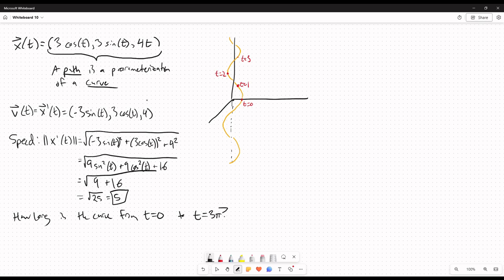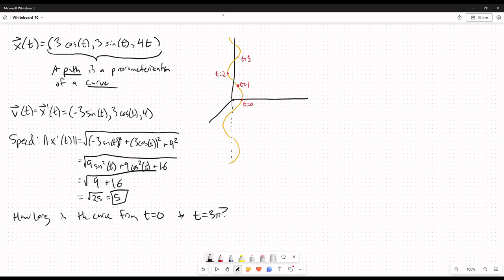As I said, there are a few different ways you could think about that. You could think of it as taking the point where t equals 0, and the point where t equals 3 pi, way up there, grabbing those two endpoints and then pulling the curve taut. How long is that curve once you've pulled it straight?